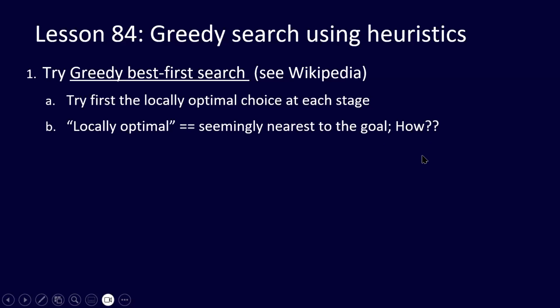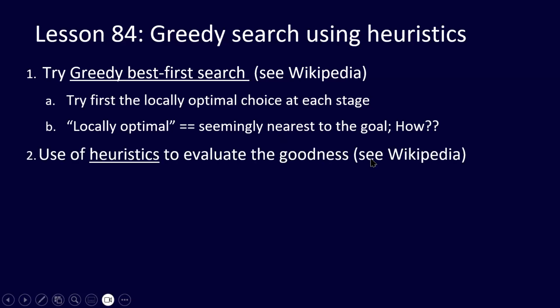Then how can we estimate this seemingly nearestness or distance to the goal? Here we use heuristics to evaluate the goodness of each choice.